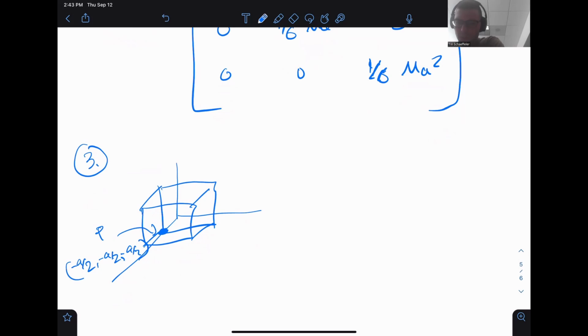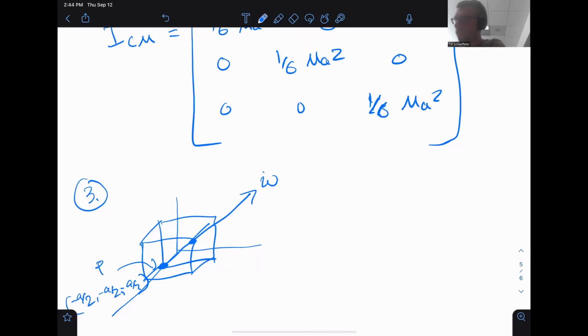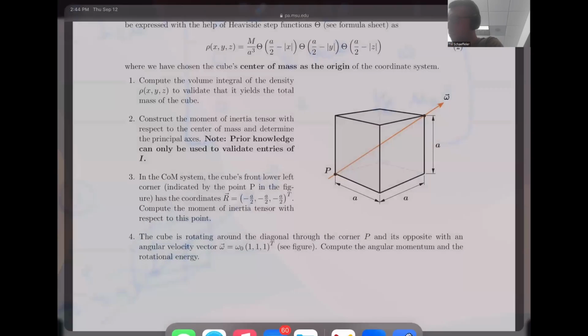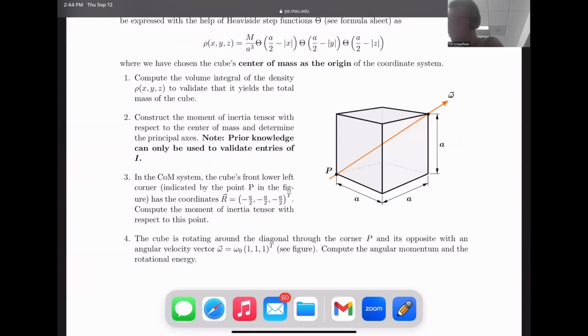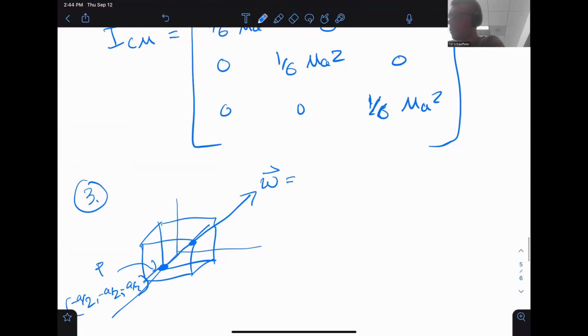And the angular momentum is going diagonally through the cube like that, with just the vector 1, 1, 1 diagonally through the cube. That will be important later.